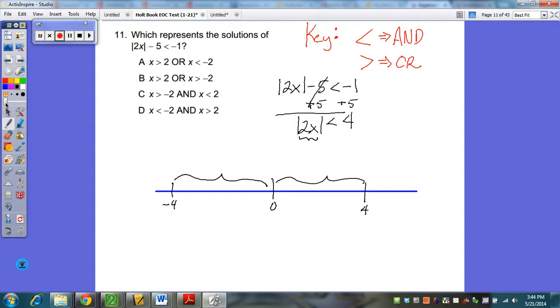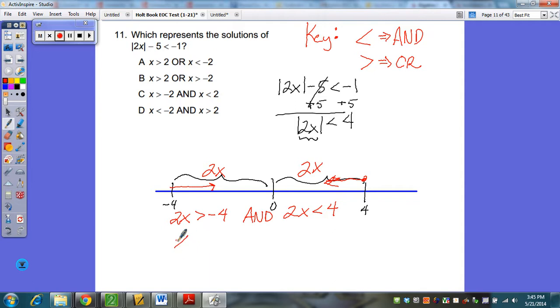So, we have 2x has to be less than 4. And 2x has to be greater than -4.